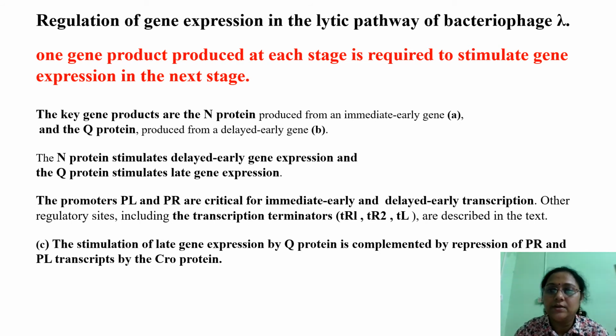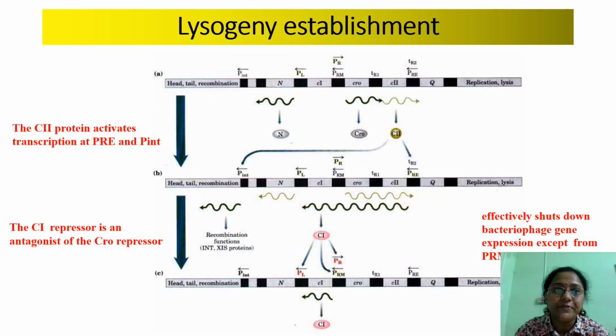Okay. Now let's go to the lysogeny establishment. Here the C2 protein activates transcription at the promoters PRE and PINT. So PRE is actually here. This is the location of PRE and this is the location of PINT. So C2 activates these two promoters so that we can have the genes for recombination expressed, and we also have C1 expressed.